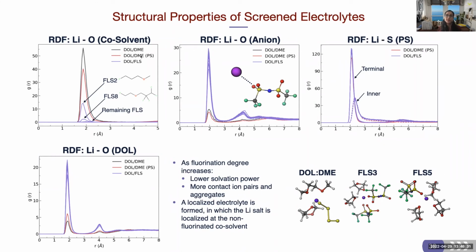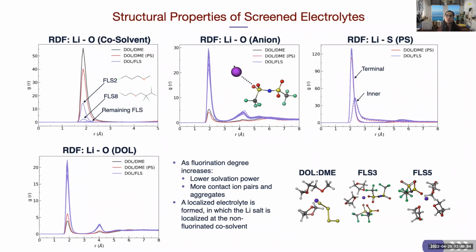Overall, we found that fluorinated solvents have a weaker interaction with lithium cation. As the degree of fluorination increases from FLS2 to FLS8, we see weaker interaction between cation and solvent. This weaker interaction between cation and solvent leads to a stronger interaction between cation and anion.